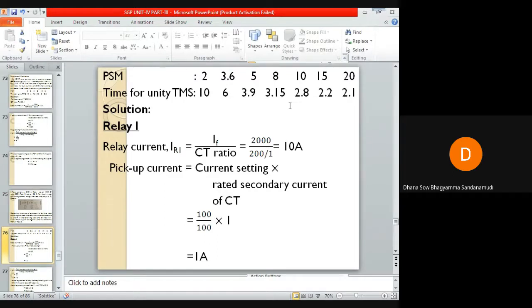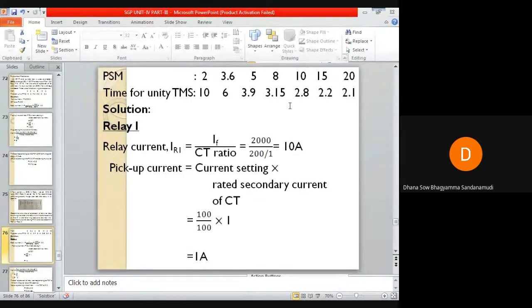The CT ratio for both the relays is the same, 200 by 1. The fault current in this line is 2000 amperes. So 2000 divided by 200 by 1 gives you 10 amperes.